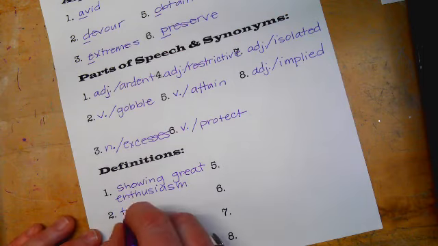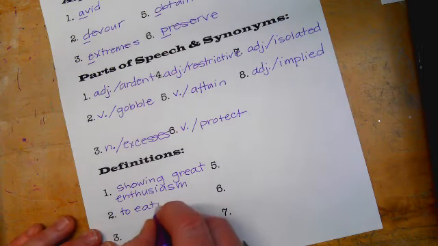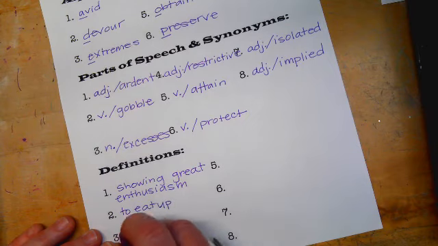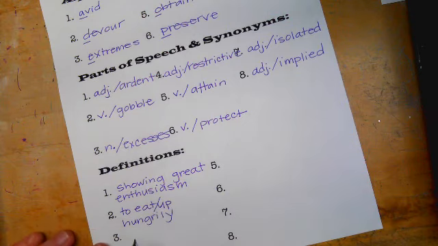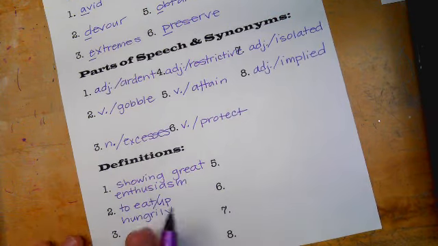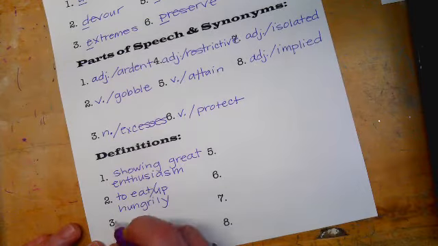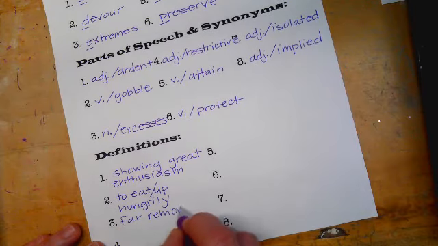Number 2 is devour, and it means to eat up hungrily. Oops. Hungrily. Sorry, there should be a space between eat and up. And then number 3 is extremes, and extremes are far removed from average.